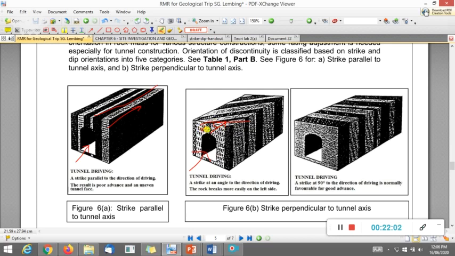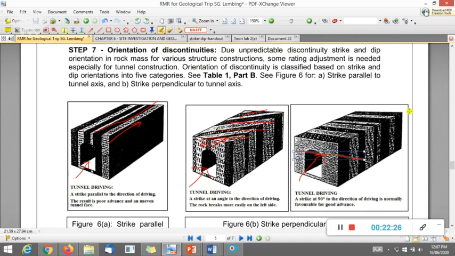Your strike is like this, and this is the strike at 90 degrees.